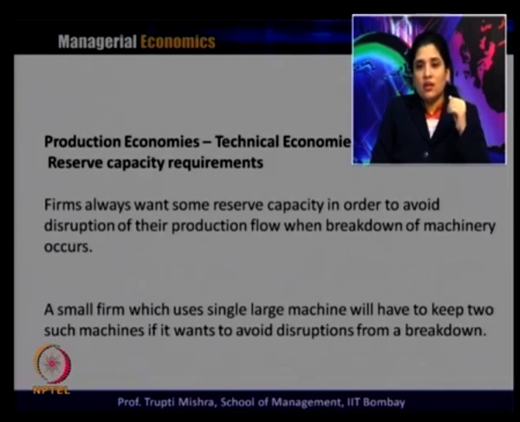Firms always want some reserve capacity in order to avoid disruption of their production flow when breakdown of machinery occurs. So, there may be a possibility of disruption of their production flow, maybe because of failure of raw material, failure of technology, failure of machine, where the breakdown of machinery generally occurs.